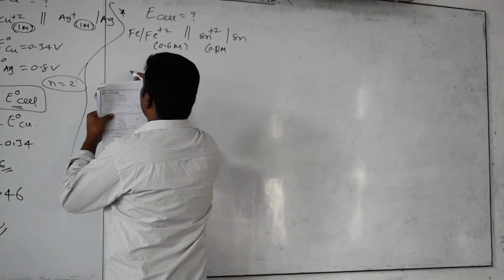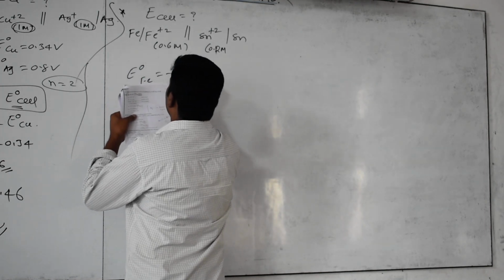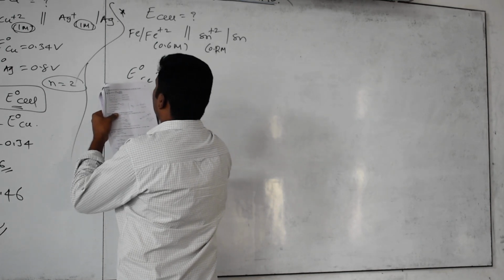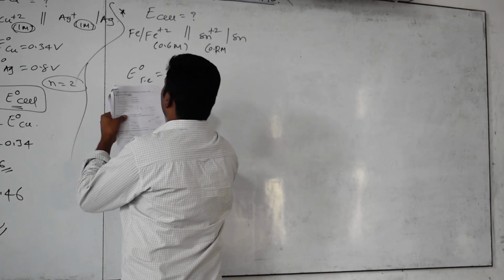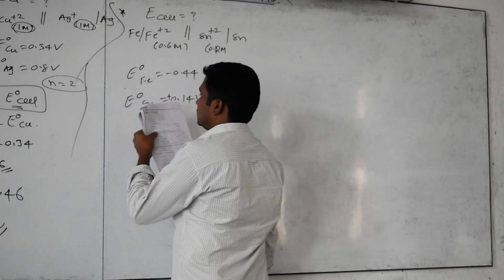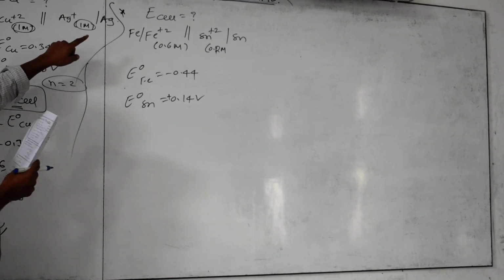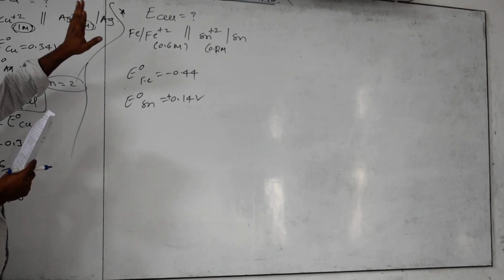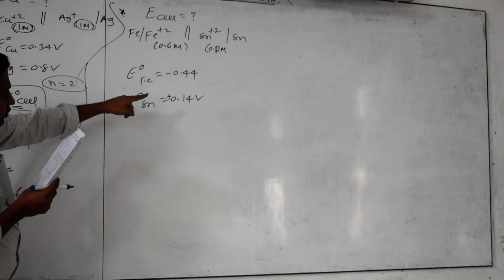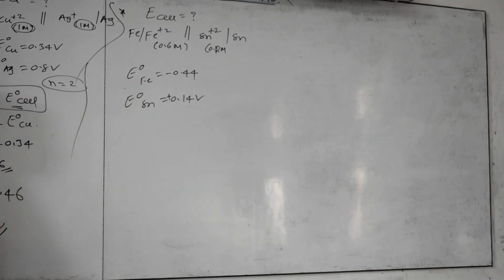Some other information: the standard electrode potential of iron is minus 0.44 volts, and the standard electrode potential of tin is plus 0.14 volts. That's it.